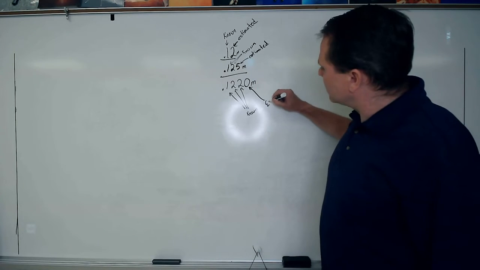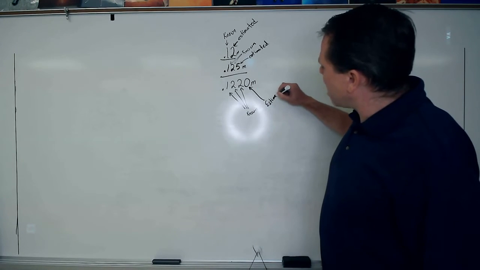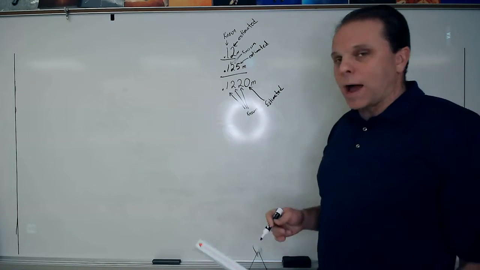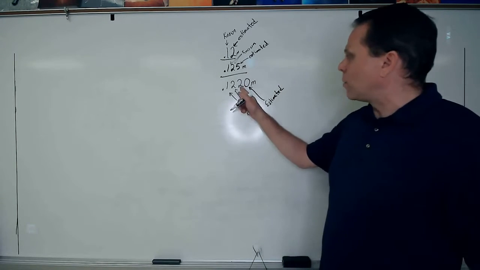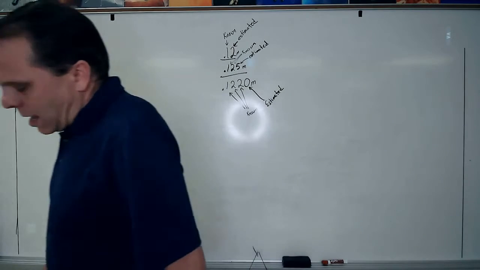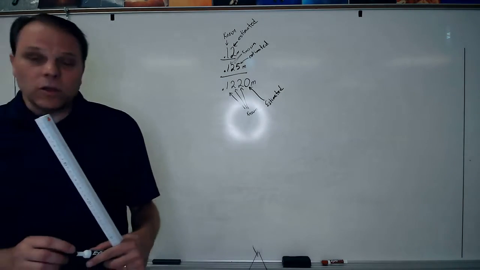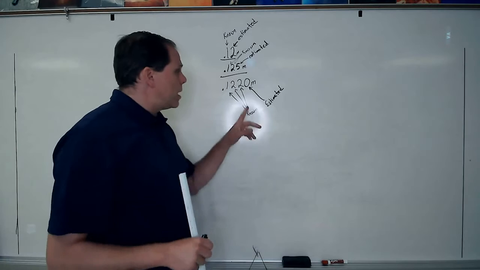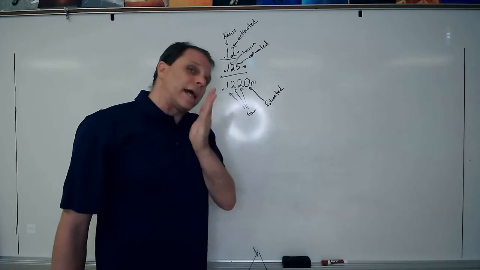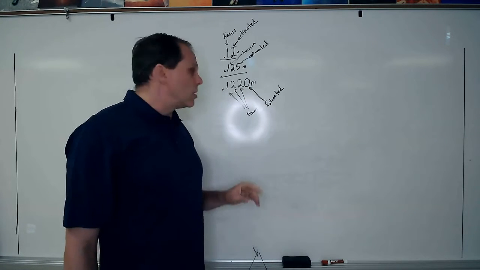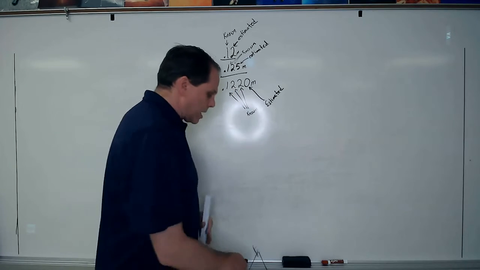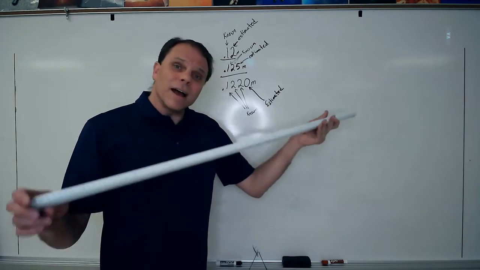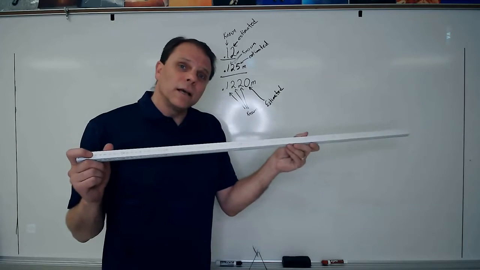Now, notice that I thought that it went exactly right on that line where it was at the 2, okay? Just remember that when you are measuring things, you make sure to put a 0 if you think it lands right at that spot. Don't just leave it at 0.122, because then you're not telling us all the information that we should know.